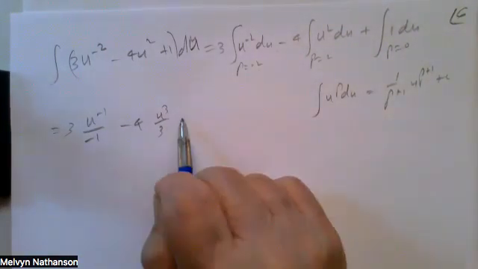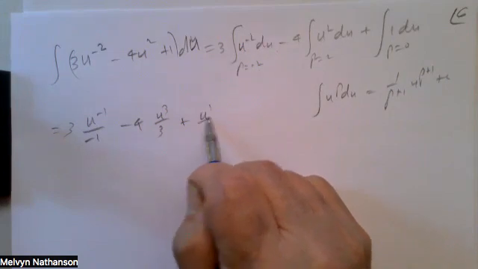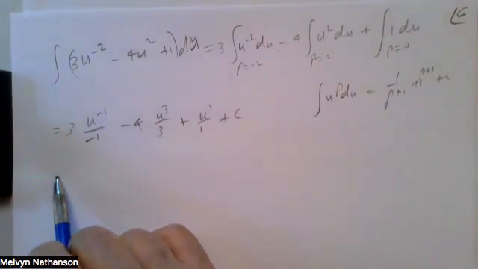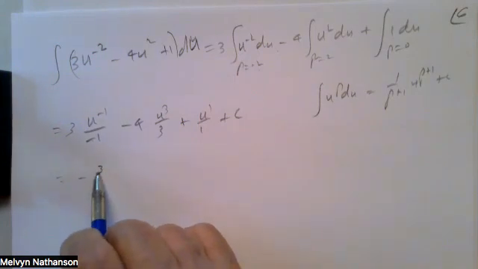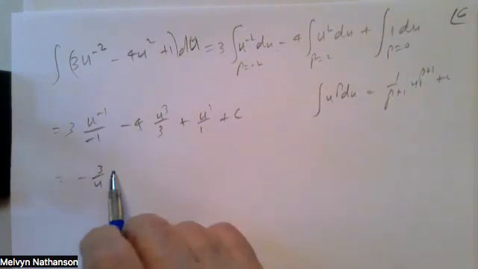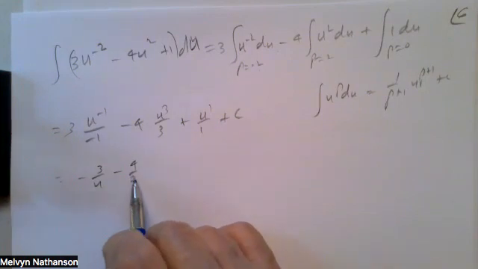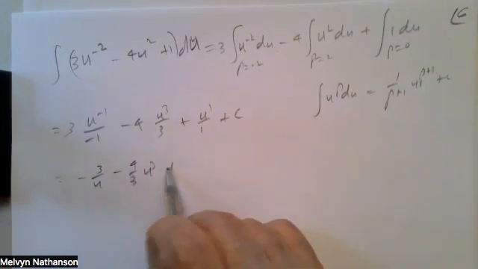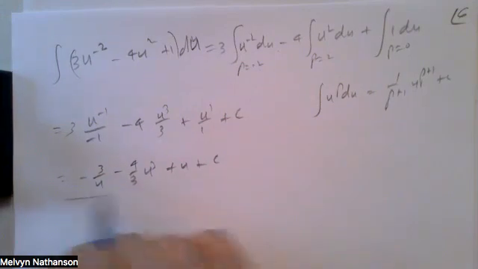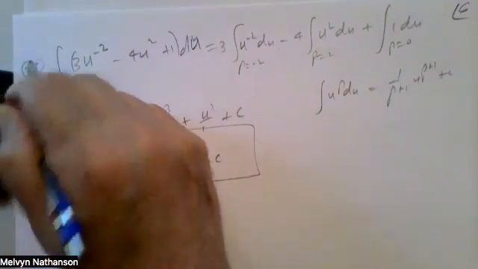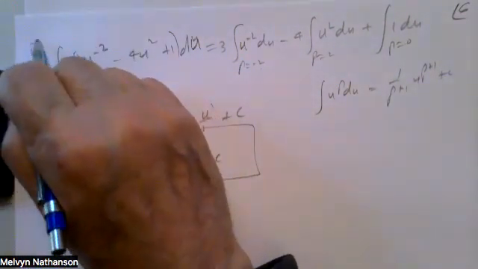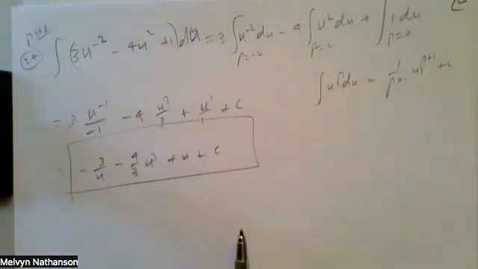So this is plus u to the 1 over 1 plus a constant. So we get minus 3 u to the minus 1, minus 3 over u, minus 4/3 u cubed plus u plus a constant. That's the answer. If you want to check on page 332, this is number 24.